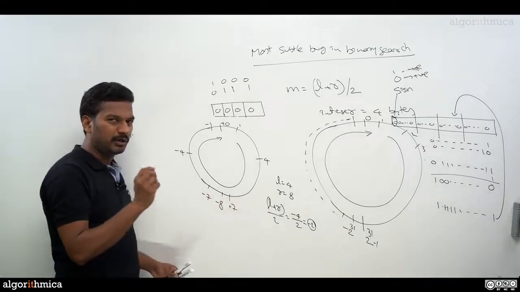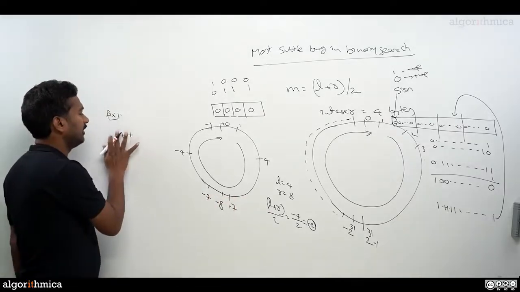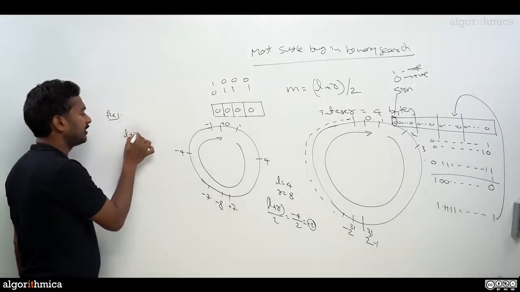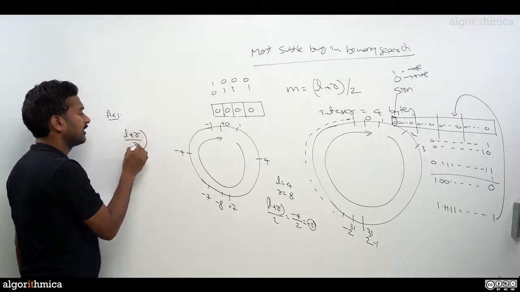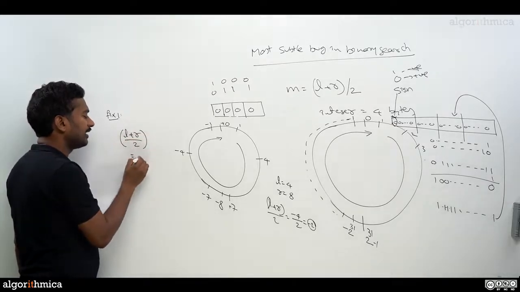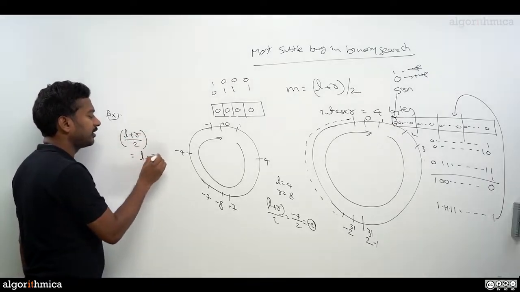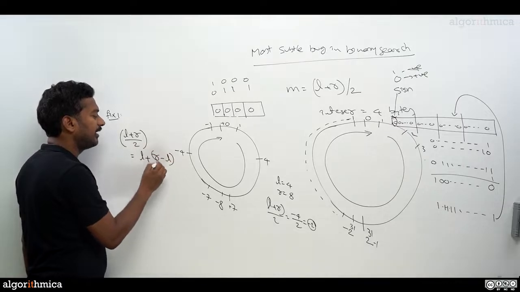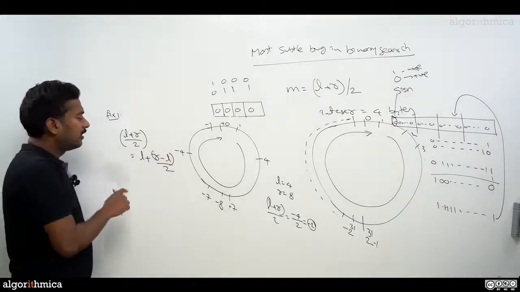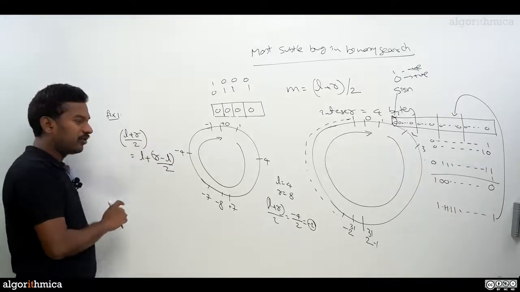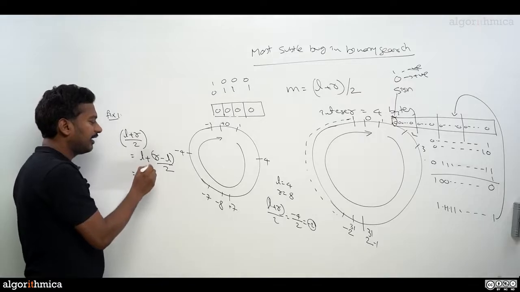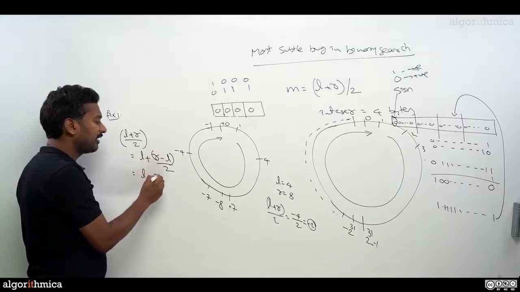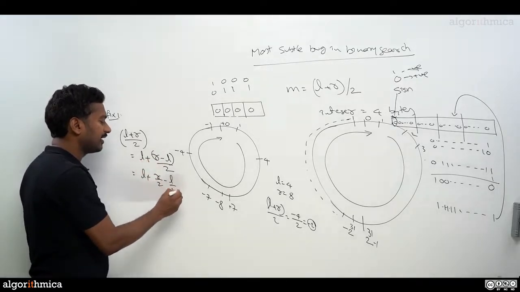This L plus R by 2, if I expand the expression, let me write L plus R by 2 first. We write it into a slightly equivalent expression like this: L plus (R minus L) by 2. Are these two equivalent or not? If you try to see, here we have L, then R by 2 minus L by 2.